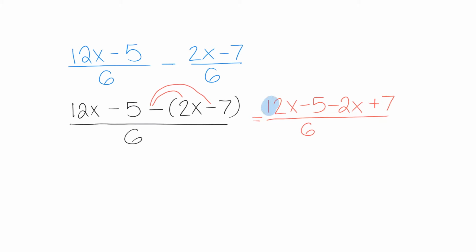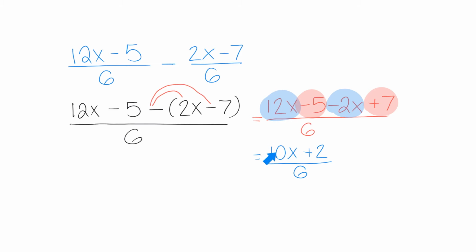Collect your like terms. 12x minus 2x is 10x. Negative 5 plus 7 is 2 over 6. Look carefully.